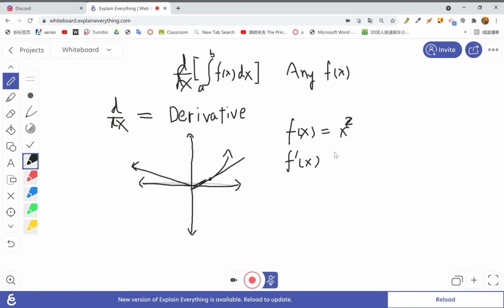This is basically equal to f of 2 minus f of 0 over 2 minus 0, the slope of this line, which is equal to 4 over 2, which is equal to 2, right? So this is the slope of this line at that instant, okay?